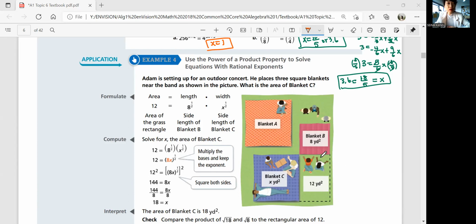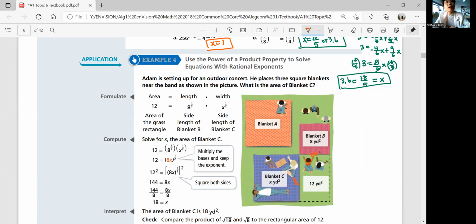Well, try to look for relationships. The area is length times width, right? So the length over here and the width over here equals 12 yards square over here, right? The blankets are all squares.